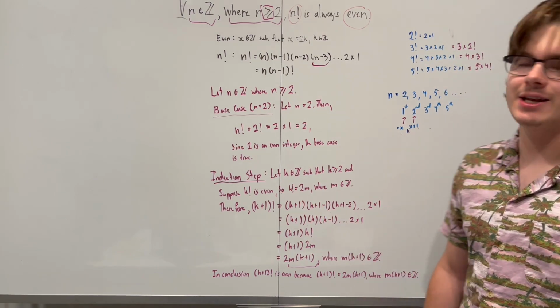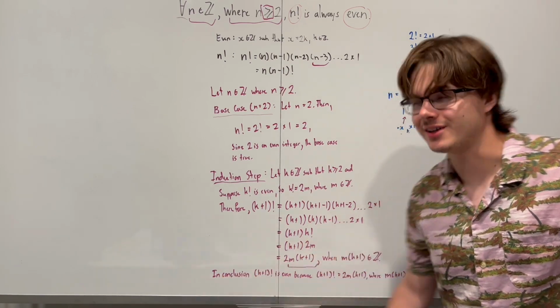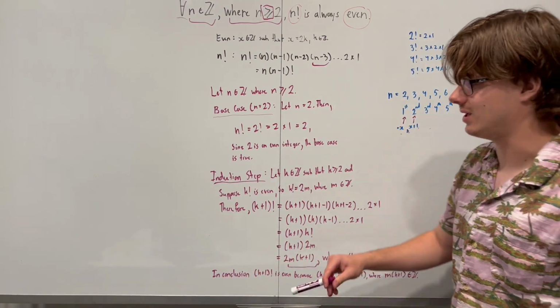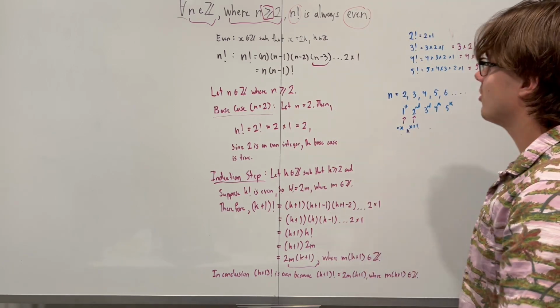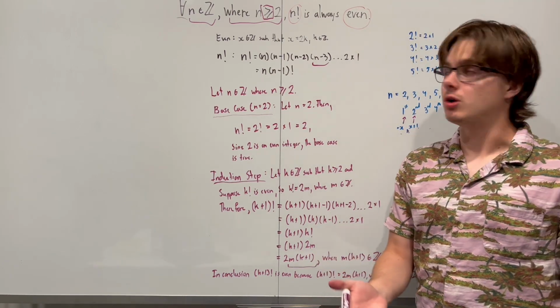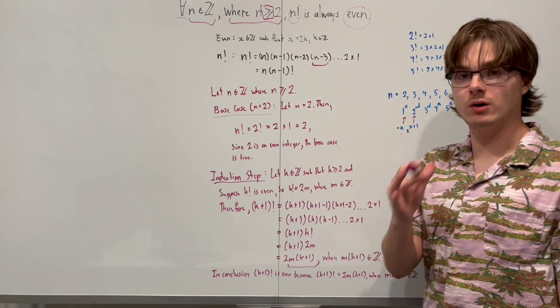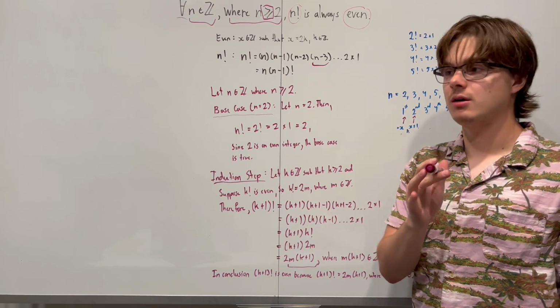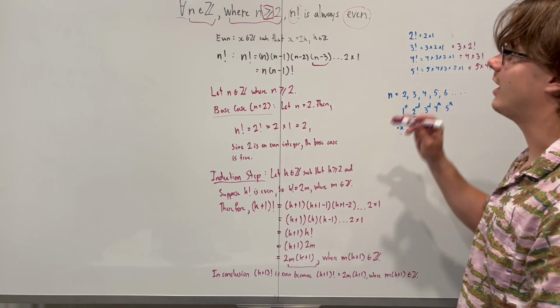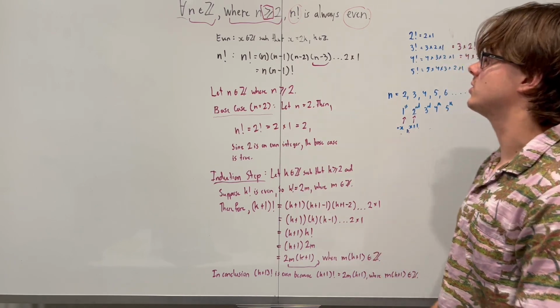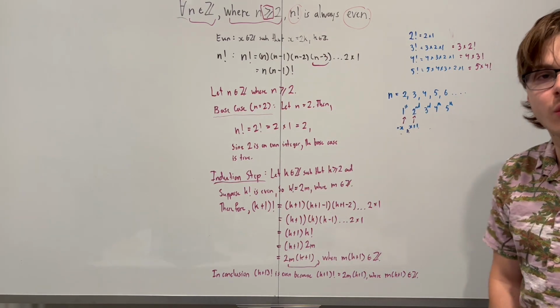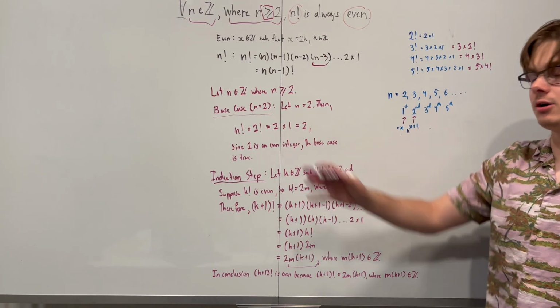The rest is just an extra sentence at the very end of another conclusion saying, since the base case is true and the induction step is true, the statement is true. So there we go. We have shown that for any integer n, when n is greater than or equal to 2, n factorial is always going to be even by our induction proof.